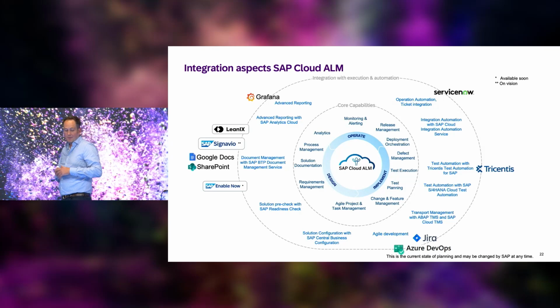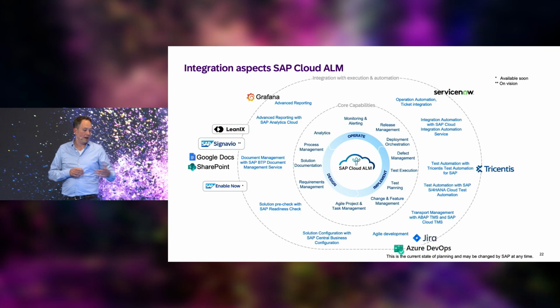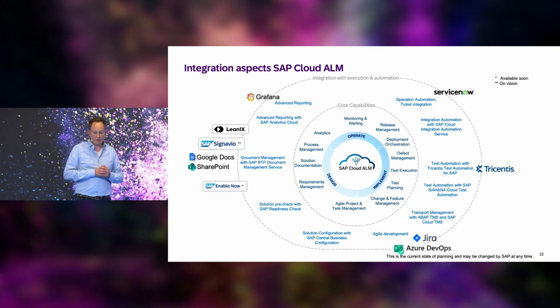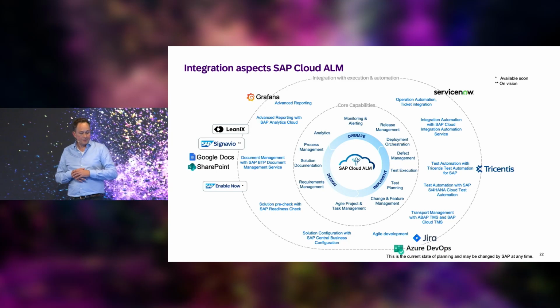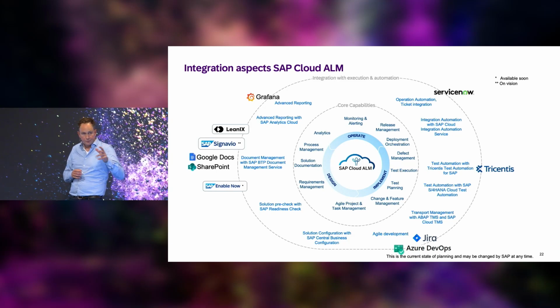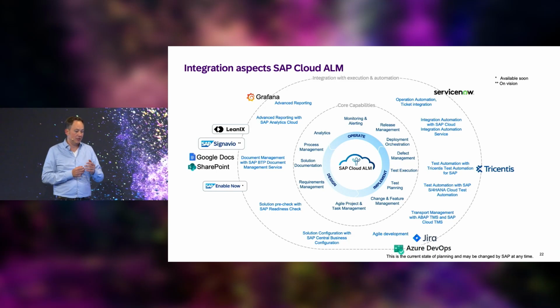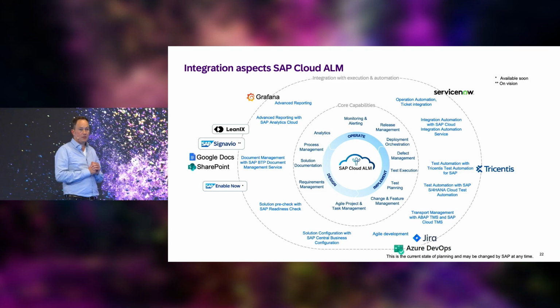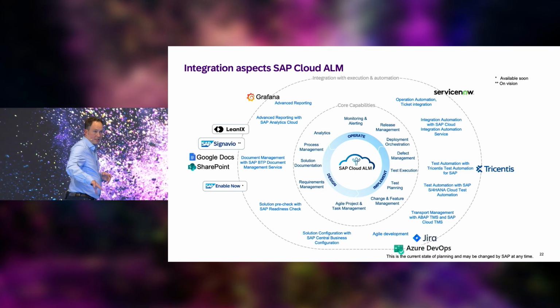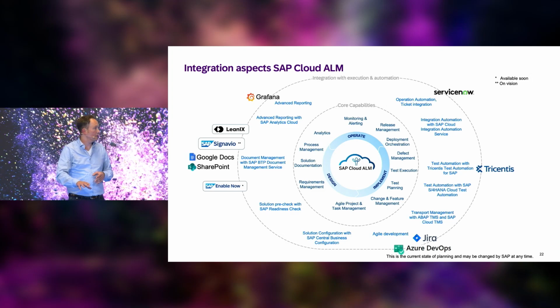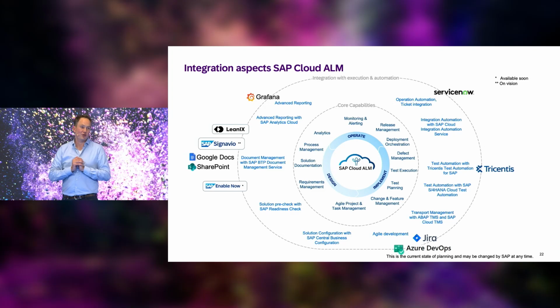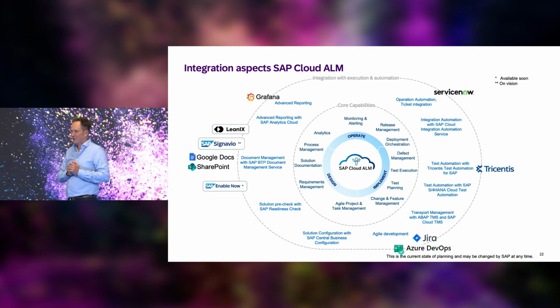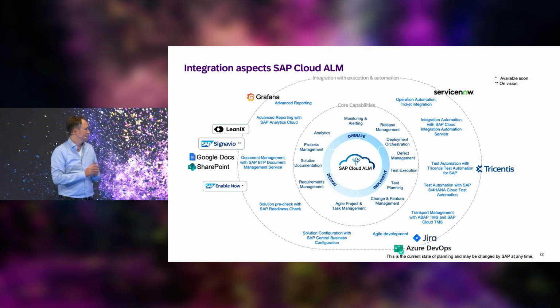We have the DMS integration that is coming up for tools like Google Docs, SharePoint, and on the other side, the agile management tools, Tricentis that got mentioned, and ServiceNow. So that as a landscape for integration and functionality with the solution concept, envisioning that on top makes up the future.